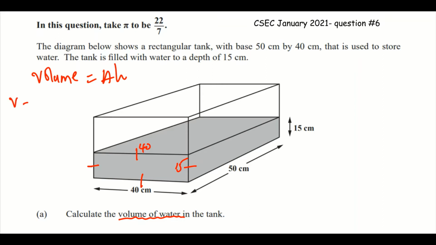So volume is going to be 40 times 15, and the height is going to be 50. Now the depth and the height can be used interchangeably, right? However, this question can be worked both ways. So we have 40 times 15 times 50.